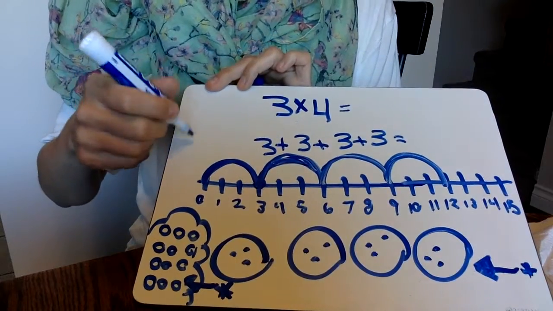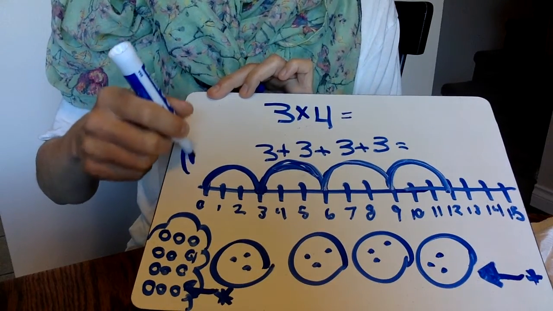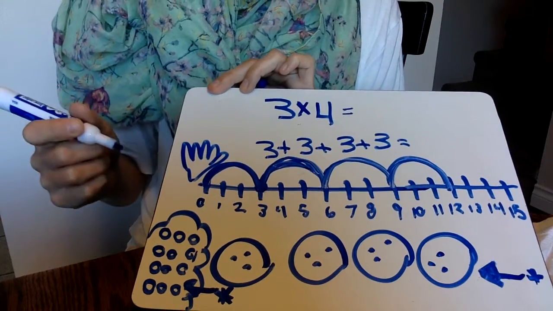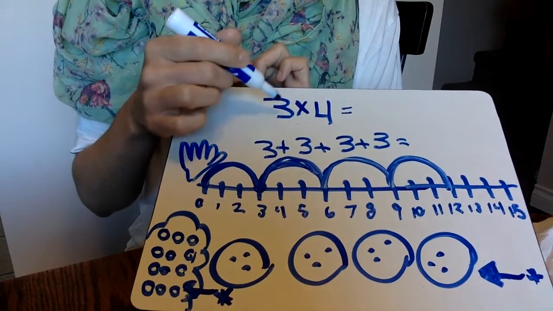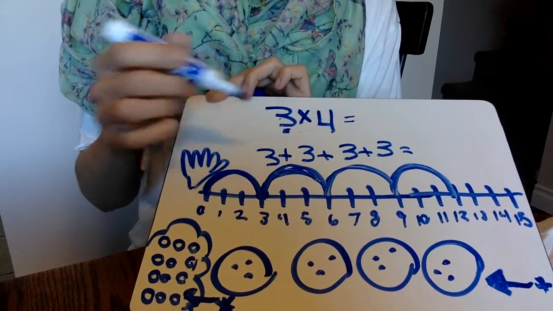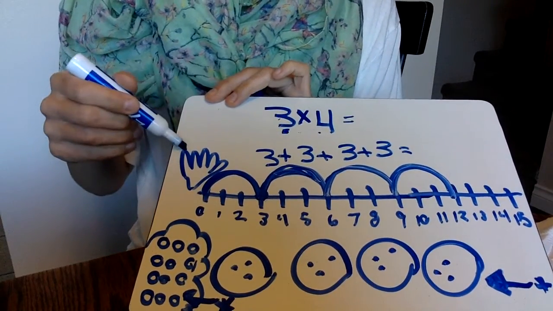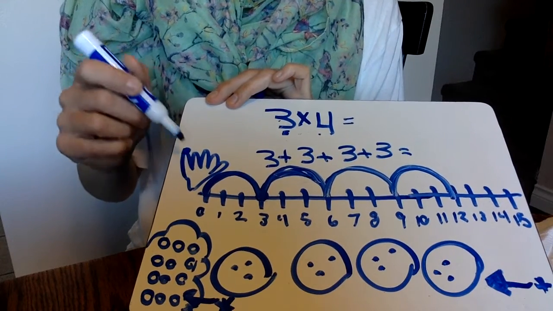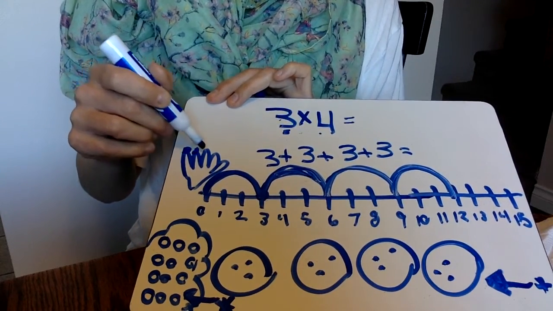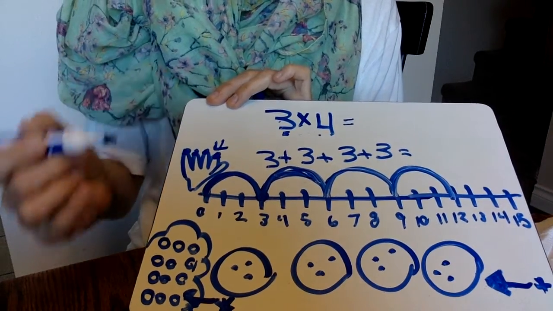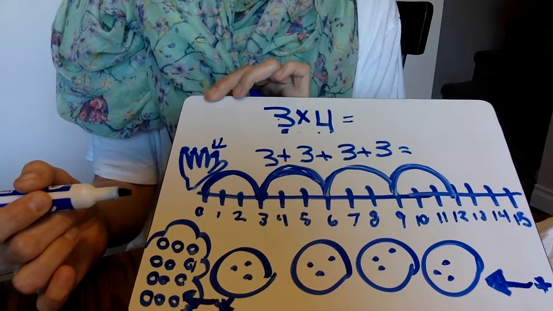The other one that we did not talk about was skip counting on your fingers. And I know fingers are not really the best thing to do, but sometimes that's helpful. So if I were to do 3 times 4, I would say, okay, I'm skip counting by 3, 4 times. So I would say, just on my fingers, 3, 6, 9, 12, and I know that 3 times 4 is going to give me 12.